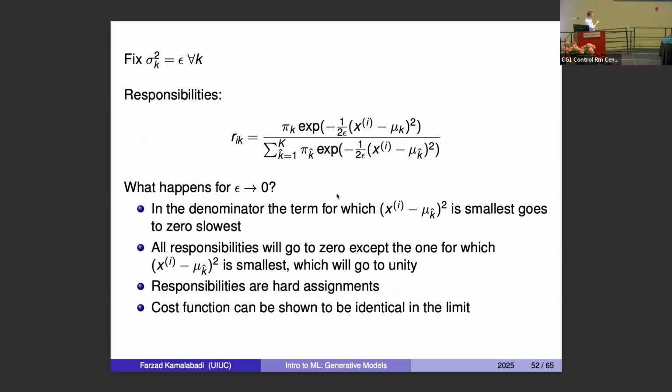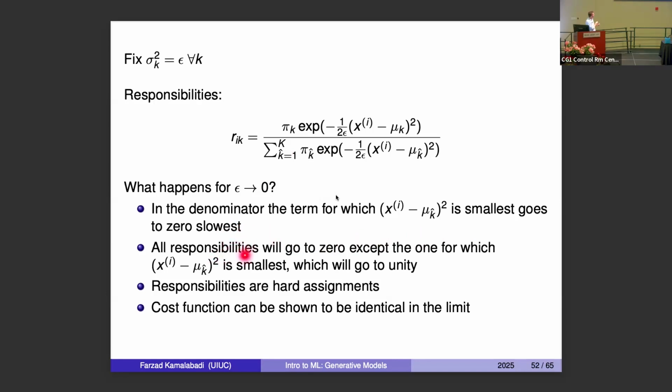If you look at what I refer to as this soft assignment, rather than membership to a cluster, and you look at the limit of that assignment, if you write it in this way, when epsilon goes to 0, in the denominator the term for which this is smallest goes to 0 slowest, okay?